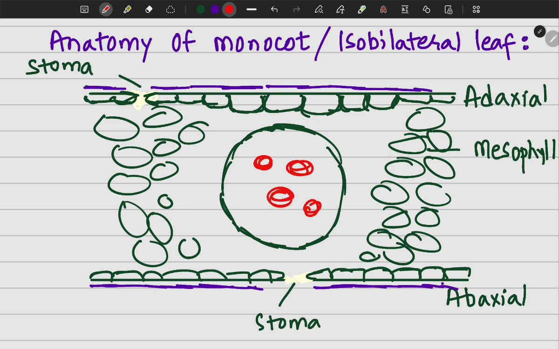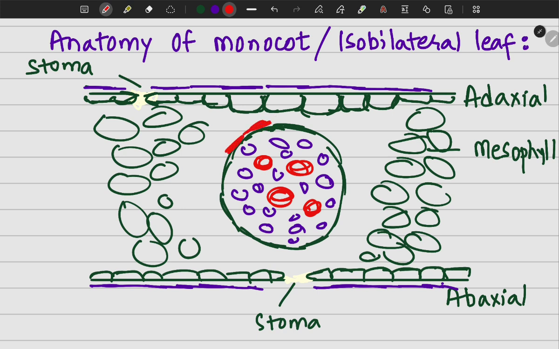So suppose this is xylem, this is phloem. Bundle sheath. Okay, so I'm not labeling these parts because they are quite similar to that of dicot leaf. Now let us come to the special part or the unique feature of the monocots.